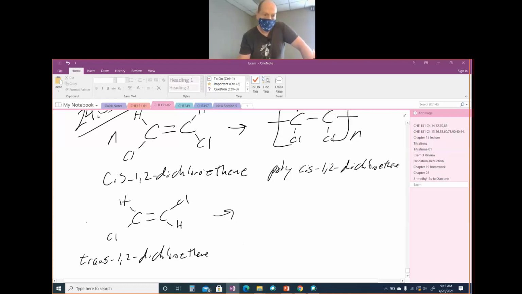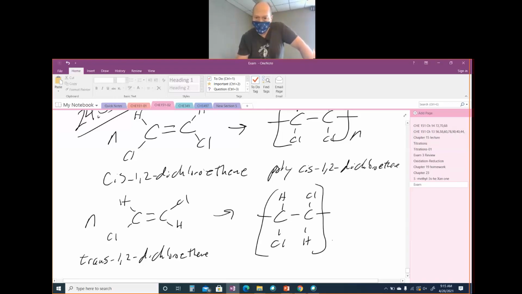And you have a large number of these molecules, so you polymerize it again, you break the pi bond, all of your sigma bonds are intact, and you just write down all of your bonds, and then you put a bond out each direction, and N, again, that's a large number of times. What does that mean? It just keeps repeating.